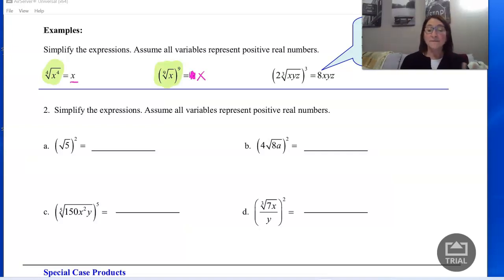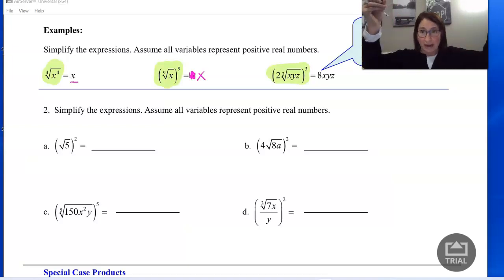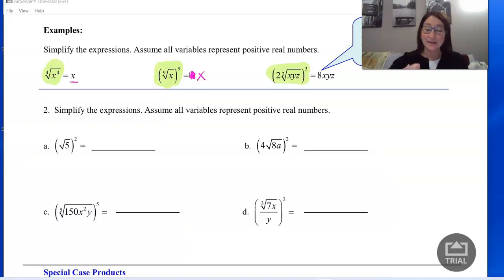And then this next one, we have to be a little careful. We have two factors here. 2 is a factor, and then the cube root of xyz is a factor. So both of those factors get raised to the third power. So I've got 2 raised to the third power is 8.